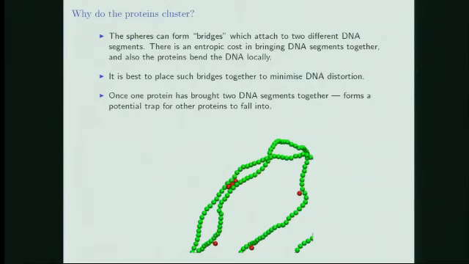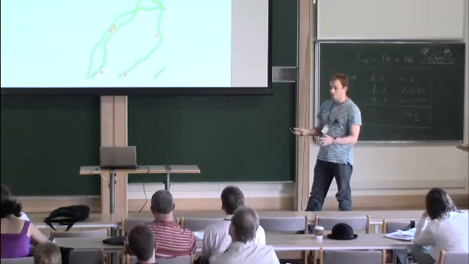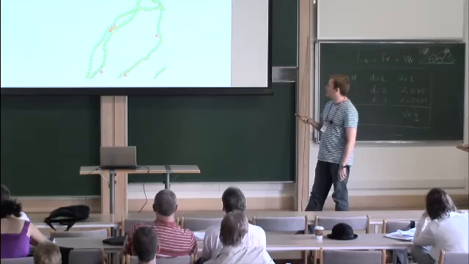But there's an entropic cost of bringing two segments of the DNA together, and also the proteins can bend the DNA locally and cause deformations. So it turns out that it's better to put these proteins together so as to minimize the DNA distortion and this entropic cost of bringing together DNA segments.